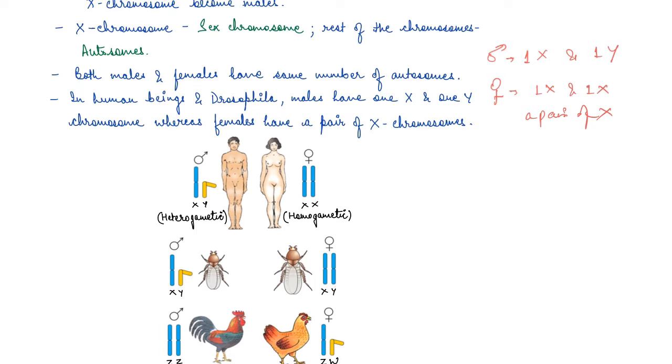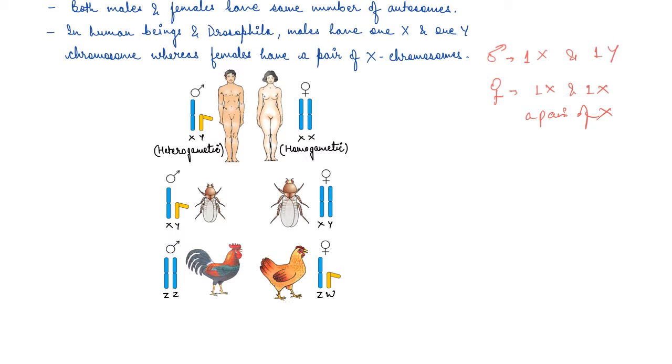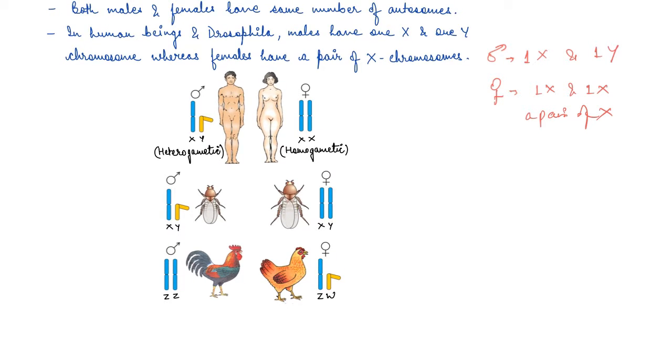That is the case in Drosophila as well. In Drosophila, the male has X and Y and the female has X and X chromosomes, right? In the case of birds, it is the opposite. The female is heterogametic and the male is homogametic. Here the male has a pair of two Z chromosomes and the female has a pair of Z and W chromosomes, right?